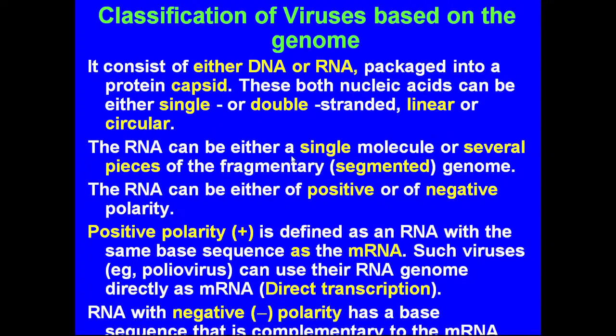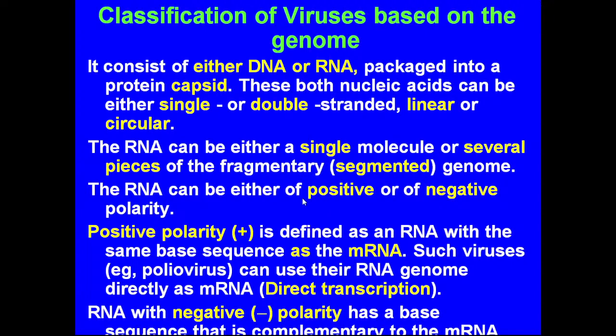So that's typical that the RNA may have a single molecule of RNA, or several pieces, fragmented, segmented RNA. Segmented RNA is typical for influenza virus, for example.